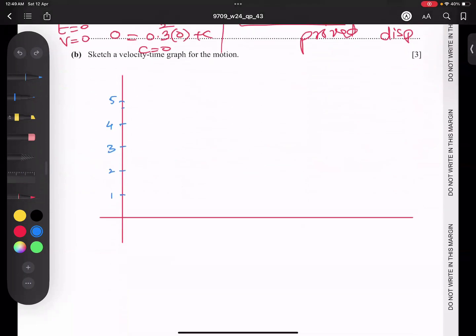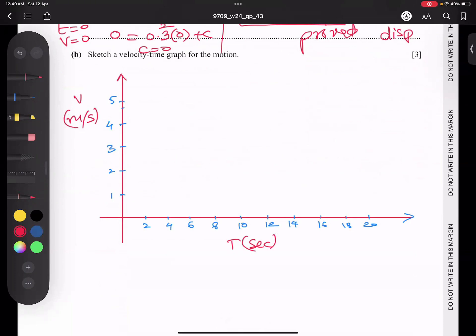So I make it here, 20. How is it possible? 2, 4, 6, 8, 10, then 12, 14, 16, 18, 20. I think it's easy to make it this way, because in a sketch it is not important to show all values. Here I'm writing time in seconds, and here velocity in meters per second.